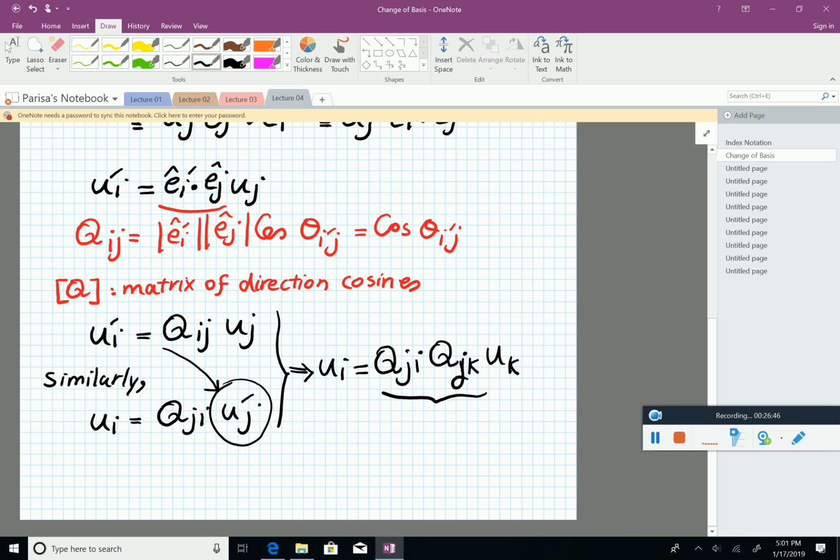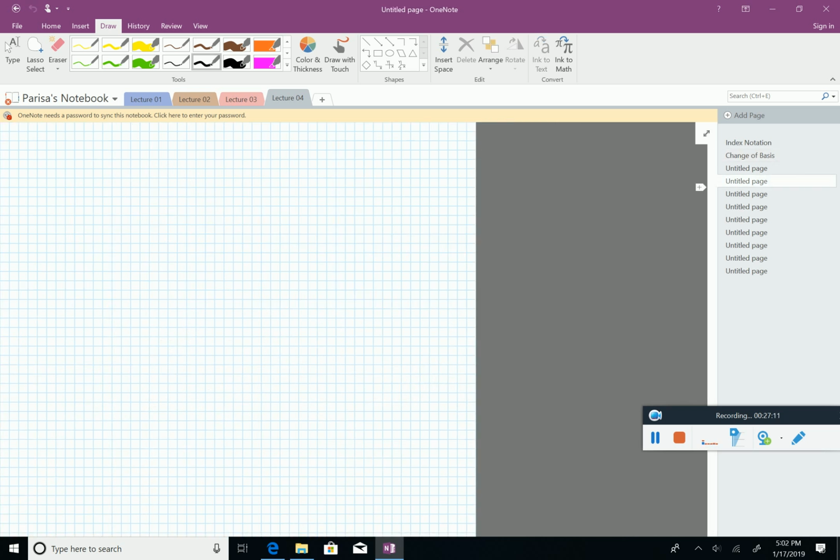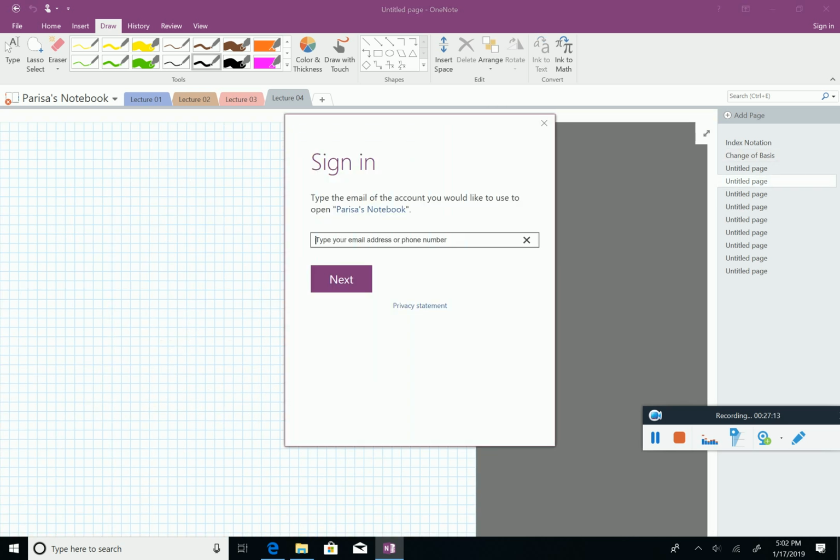Well, last time I also told you that when you have a transpose of a matrix or a tensor, we swap the indices. So when you look at this, we cannot do much with it because it's Ji, Jk. So maybe let's go to the next page because I don't think I showed you the product of matrices.